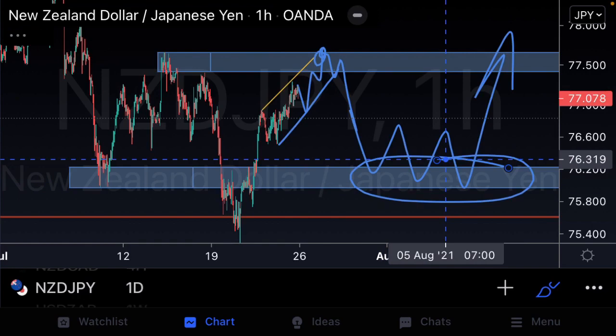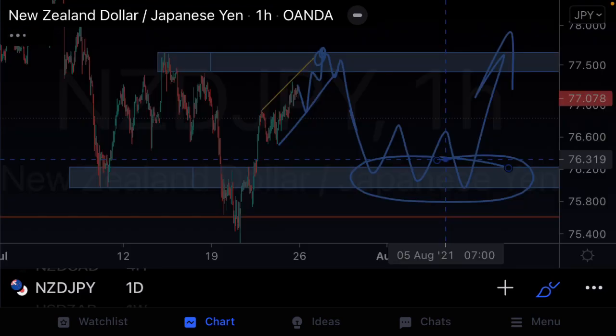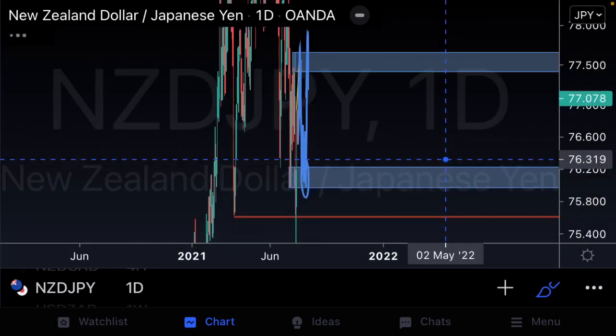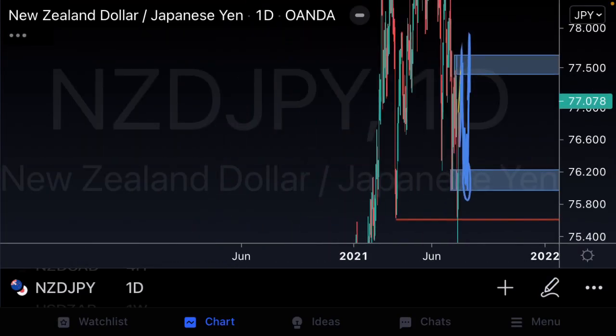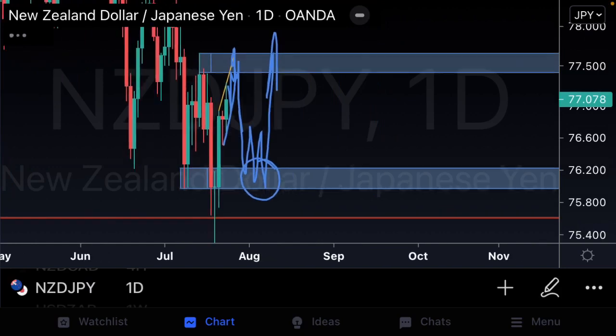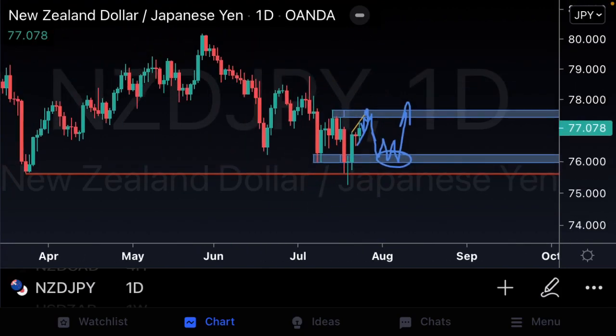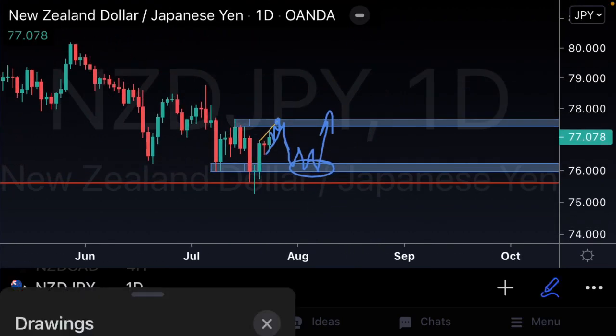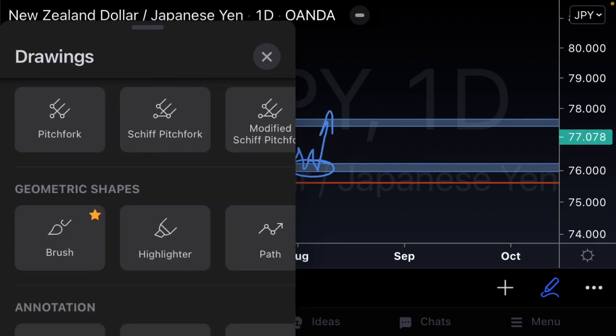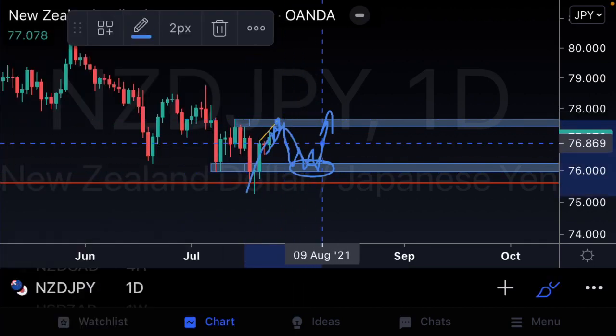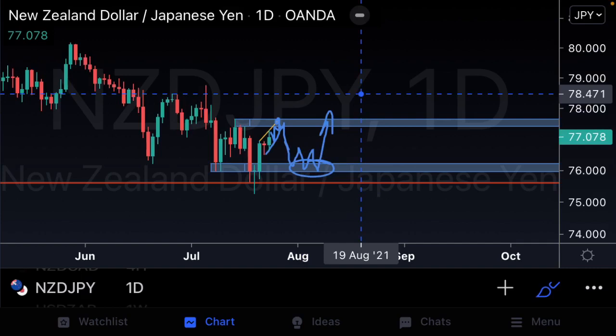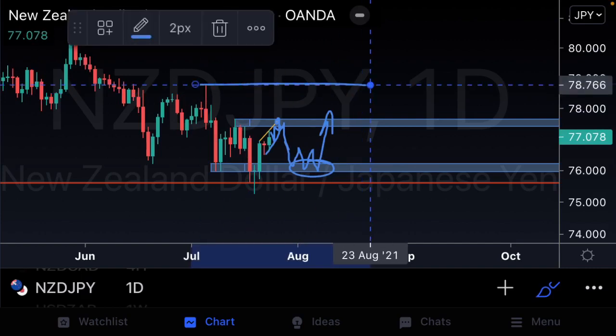So on the higher structure, we can see, like we spoke about, guys, price being in this descending structure, so it has been correctively descending to the downside, obviously violating that lower structure. Now that we know that price has been descending towards important support structural areas, we can expect, guys, some higher time frame bullishness, and we might even see these highs being taken out here on AUDJPY and NZDJPY.